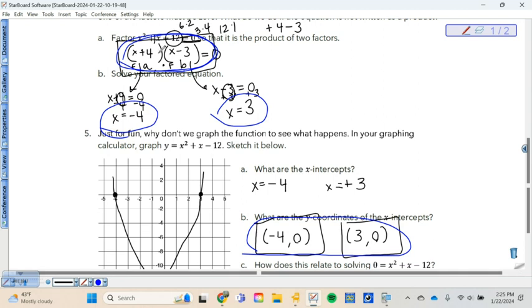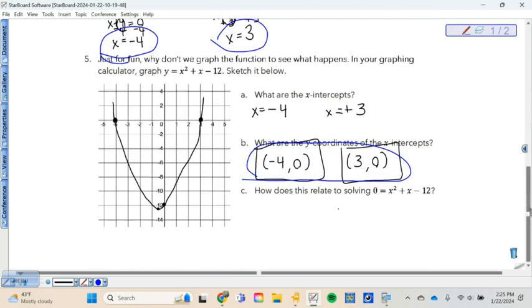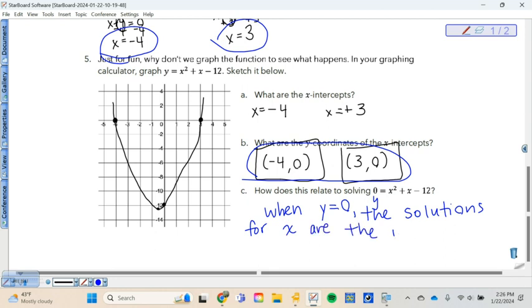The solutions, when we said y is 0 and we solve for x, those are our x coordinates of the x-intercepts. So when y equals 0, right, this is my y, the solutions for x are the x-intercepts.